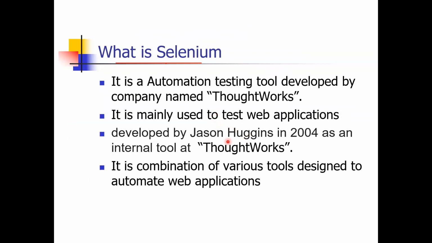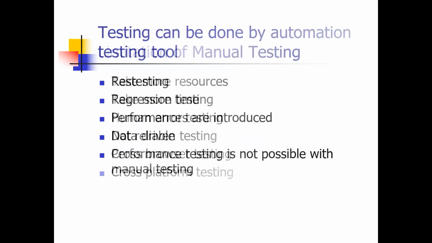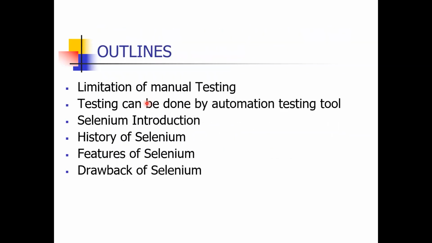Jason Huggins invented it in 2004. It got its name when the team cracked a joke to their competitor Mercury that Selenium is an antidote for mercury poison. Its features are that it is open source, freely available, and anyone can download it.